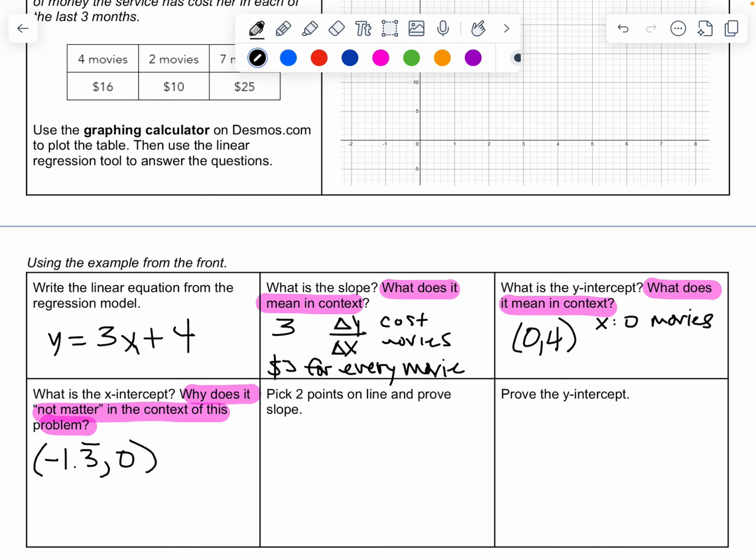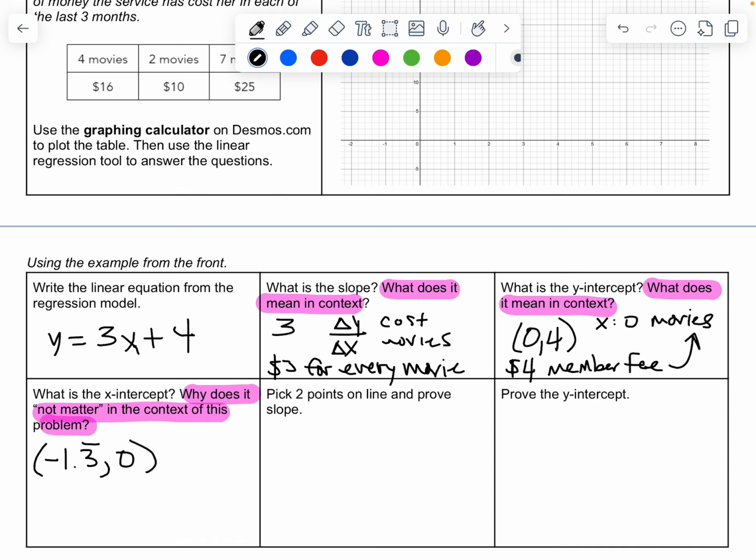So even if I don't buy any movies, it's still going to cost me $4 just for being able to go to this building and check out the movies. So $4. Again, maybe that's a membership fee. But I know that even if I don't get any movies, it's still going to cost me $4. Just like if I don't hop on the Netflix this month, it's still going to be whatever amount of money they charge me for it.